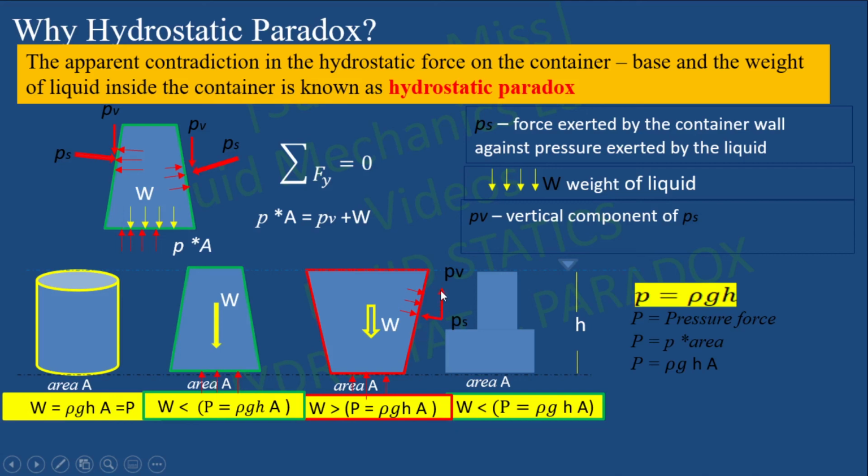The vertical component of the force Ps, in the upward direction, can be added to the pressure force so that it is balanced with the weight of the liquid in the container. So the apparent contradiction between the hydrostatic force on the container base and the weight of the liquid inside the container is known as hydrostatic paradox. The component of this force in the vertical direction balances the difference between the pressure force and the weight of the liquid.